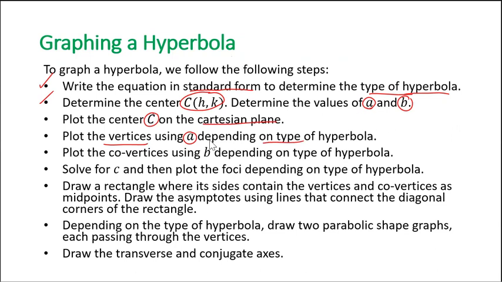If the hyperbola is a left-right hyperbola, then after plotting the center C, we move a units to the left and a units to the right to get the vertices. Then we plot the co-vertices using the value of b. For a left-right hyperbola, the co-vertices will be above and below the center.